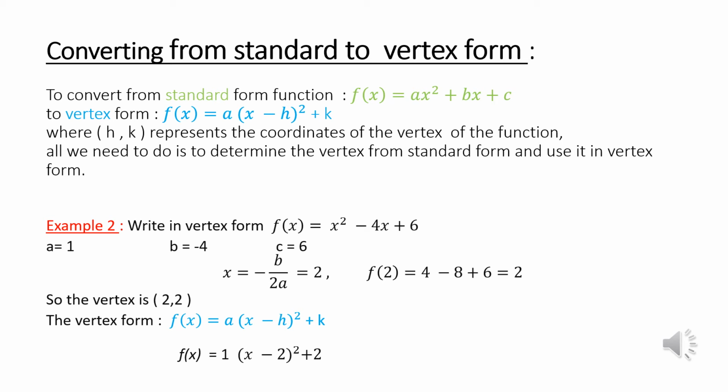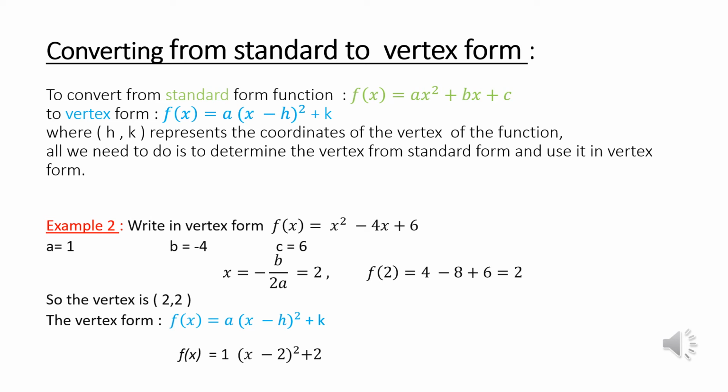Example 2. Write in vertex form the function f of x equals x squared minus 4x plus 6. So all we need to do is to find the vertex from this function. Define the values a, b, and c. a is 1, b is -4, c is 6.